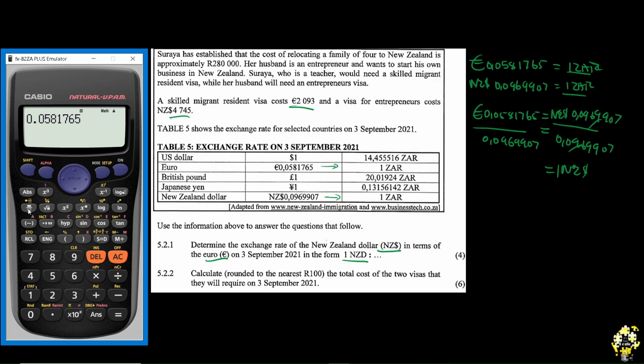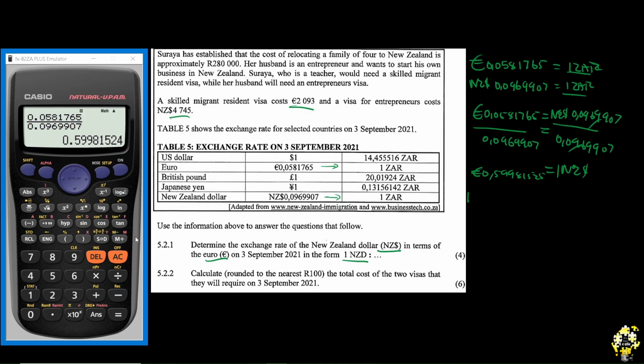0.05818181765. When you divide it by 0.0969907, it actually says that what you are getting is 0. So these are euros. It's 0.59981525. Let's put it in the form that they want it.